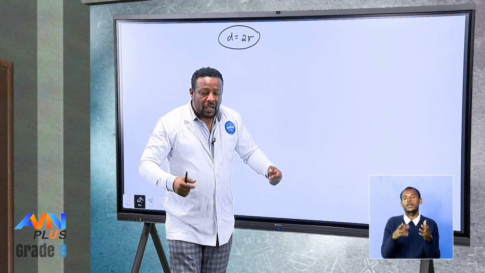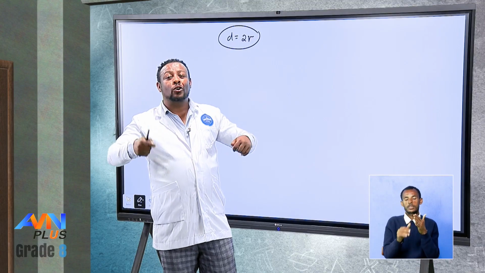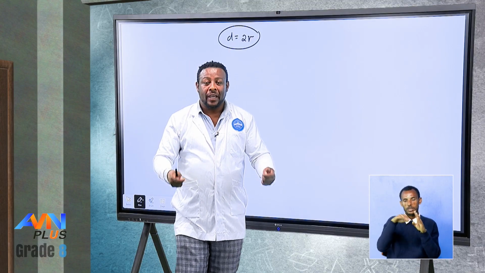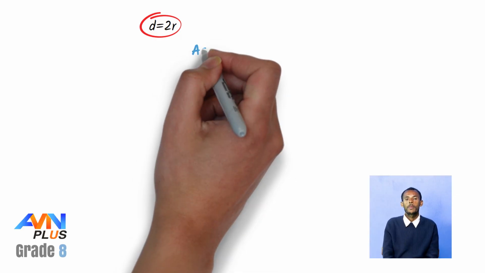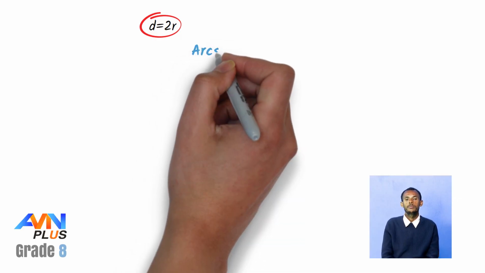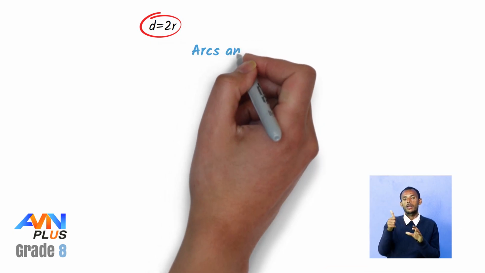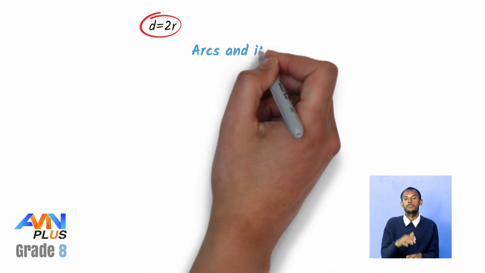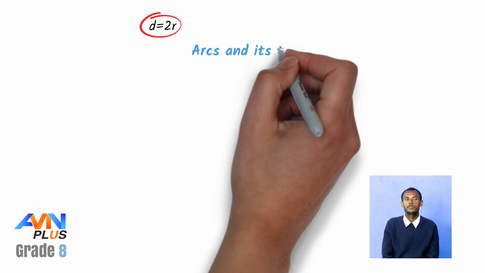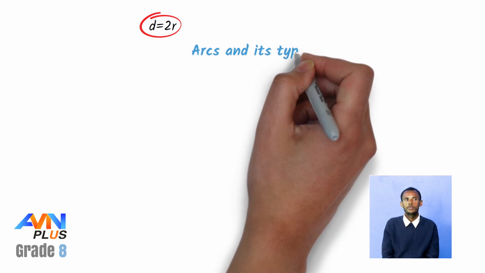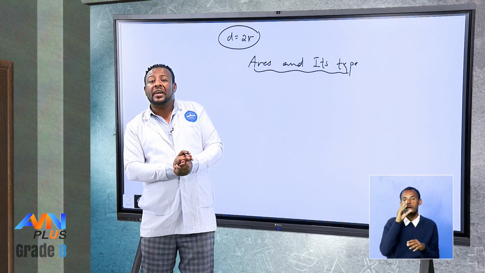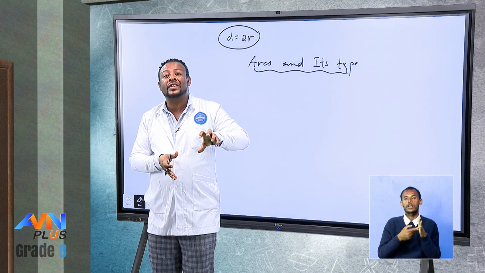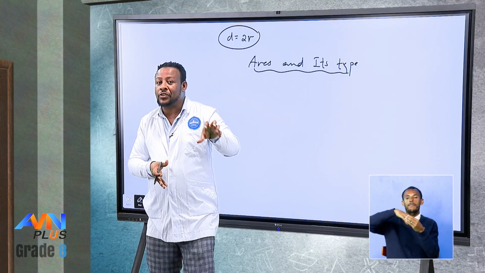Then now we will see some other terminologies in circle. Okay, that is arcs and its type. So what is an arc? An arc is a portion of the circumference of a circle.